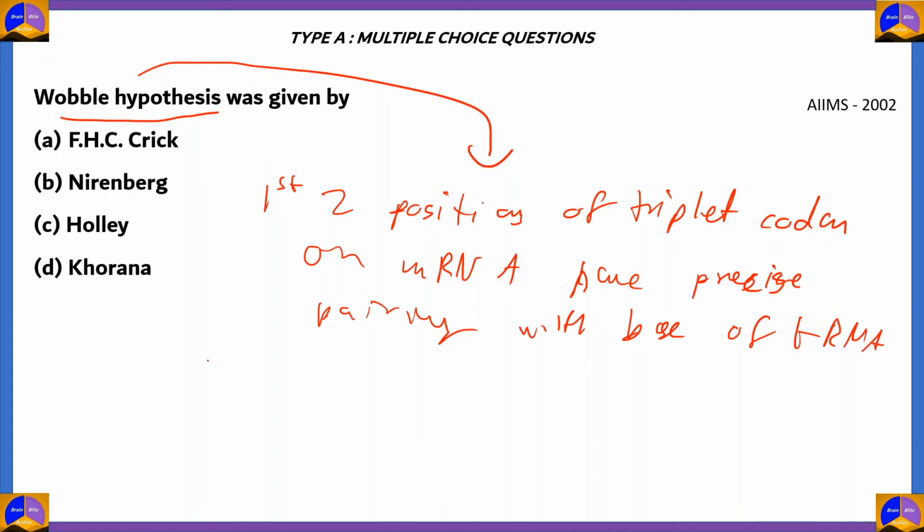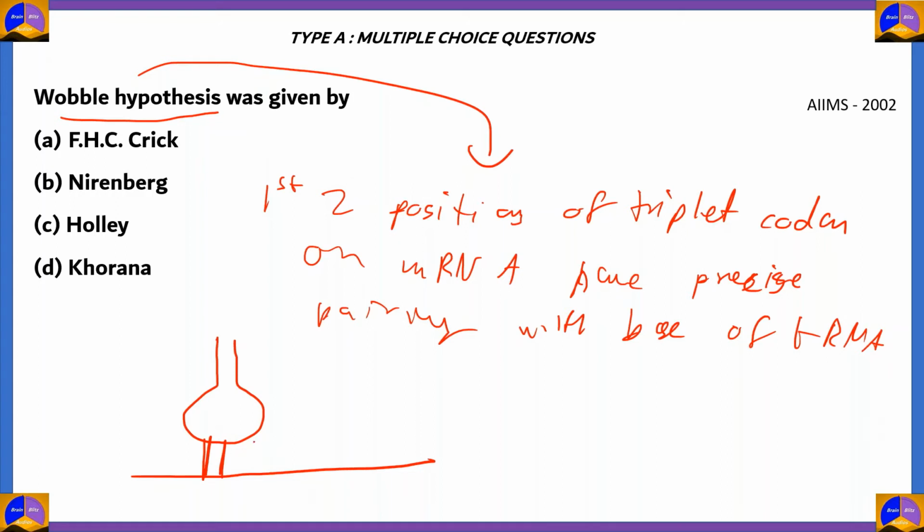So what it essentially means is that if you have the anticodon loop here and we have the mRNA here, the first codon of mRNA and the third anticodon of tRNA, they have precise pairing. The second codon and the second anticodon of tRNA and mRNA also have a precise pairing.